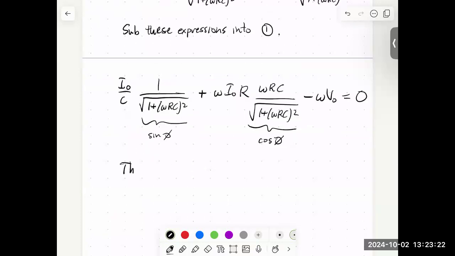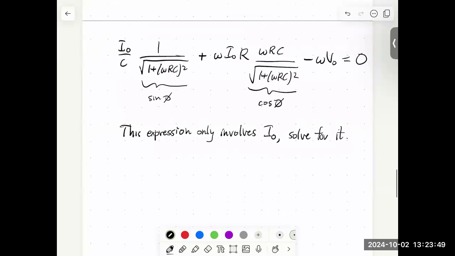So this expression only involves I naught. We can solve for it. What I mean by only involves I naught is there's no phi in there, because we replaced cos phi and sine phi with these expressions from our right angle triangle. So I'm going to leave this as an exercise for the student. It's just a bit of algebra.